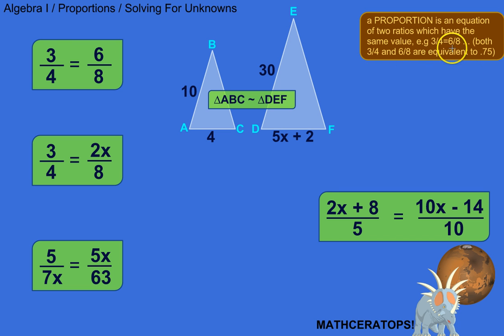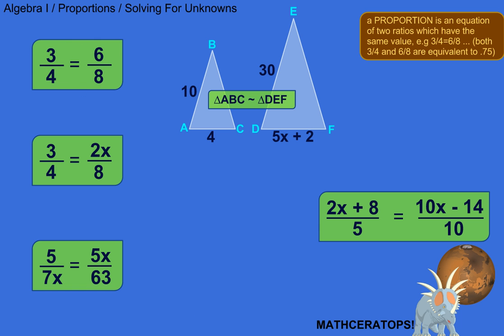So, my example: 3 to 4. These are ratios. That's a ratio. You're just comparing two numbers. 3 to 4 is equivalent to 6 to 8. And if that doesn't jump out at you as being obviously true, just get the decimal equivalent of both.